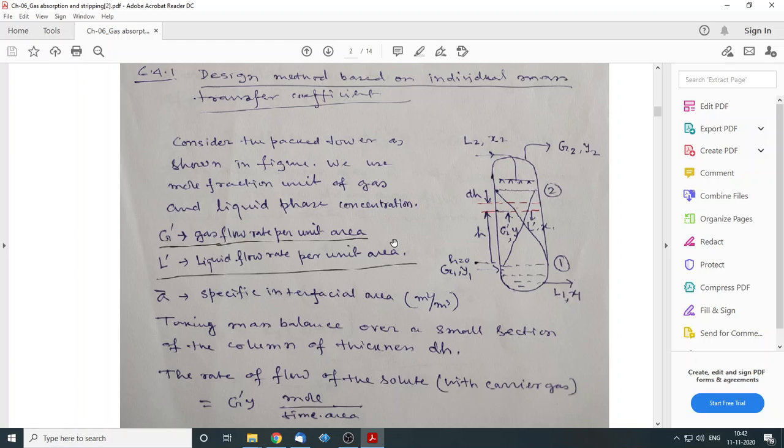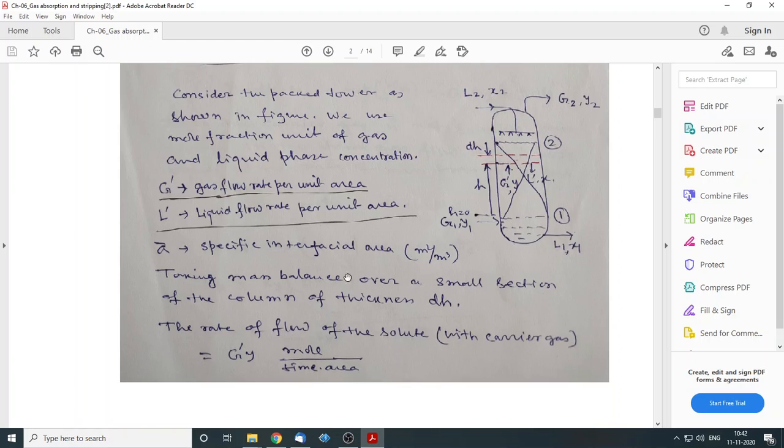So I have taken the column area as unit area. And the specific interfacial area for this packing material is in meter square per meter cube. This depends on which packing material you are taking. And the liquid flow rate is also per unit area. That means the cross section of this column is unit area.